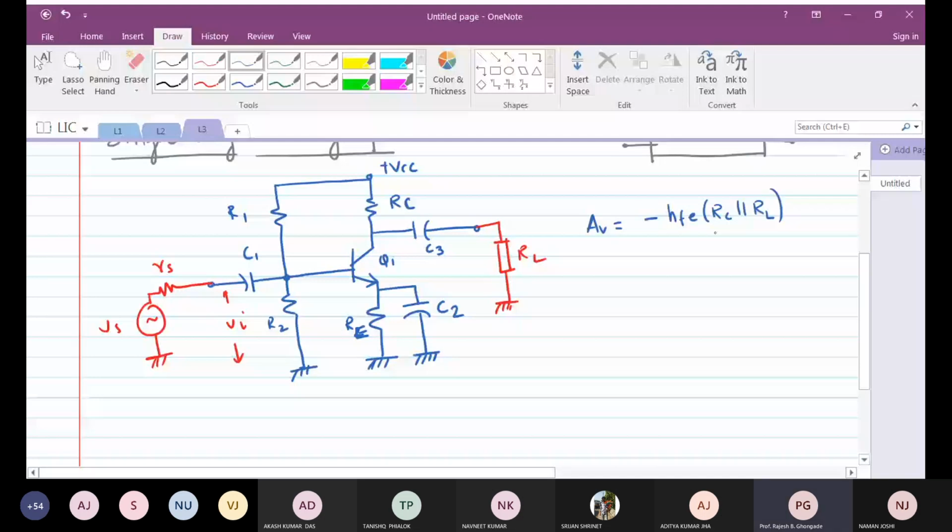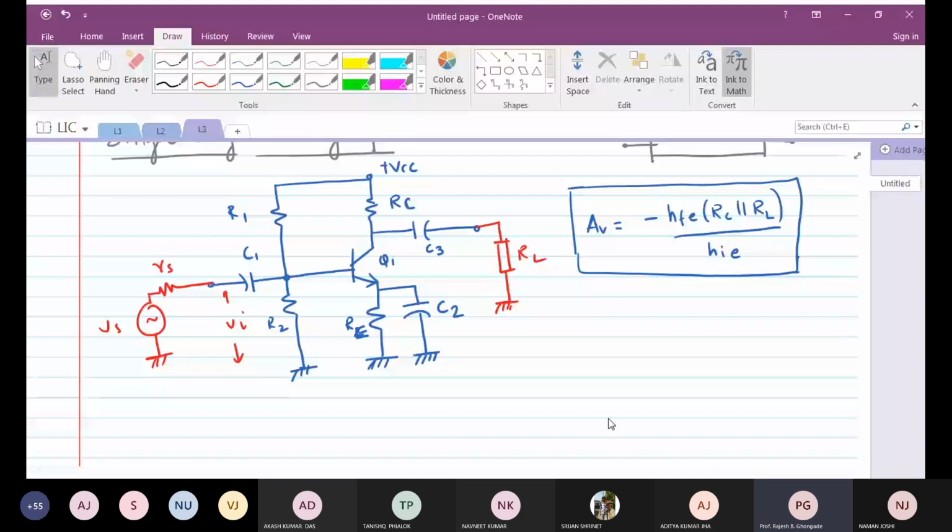Do you remember this, guys? Is this okay? Please respond. Yes, sir. Okay. Now, once we know this is the gain which we have already derived in the last course, what is the bad thing about this that you see?